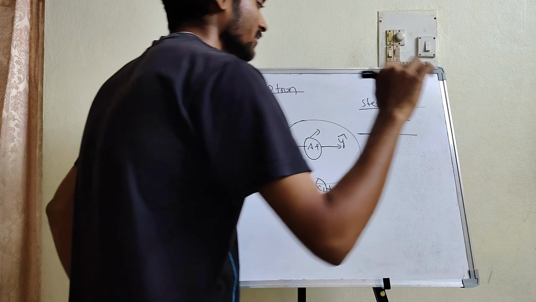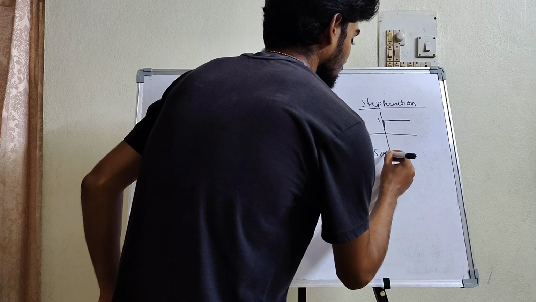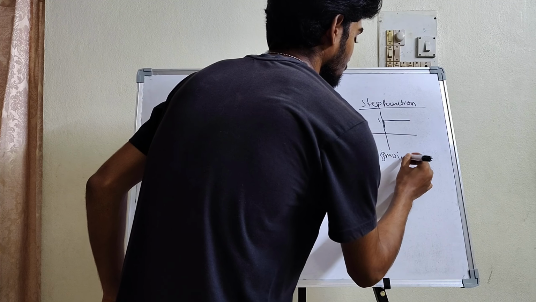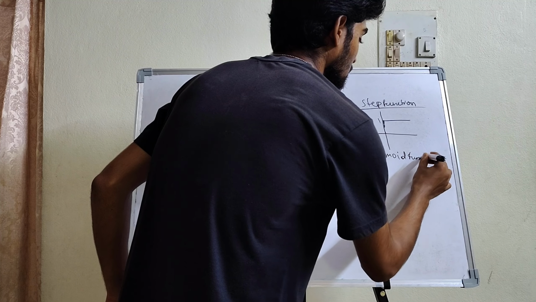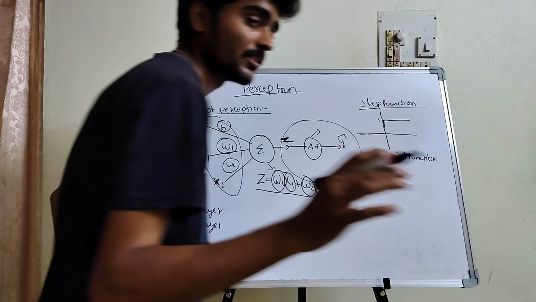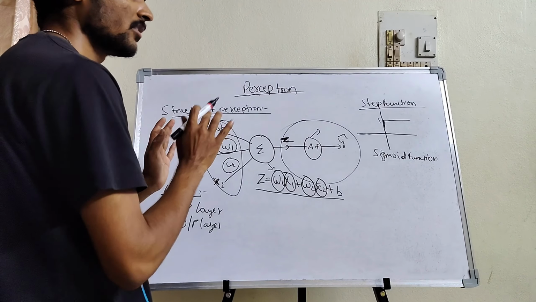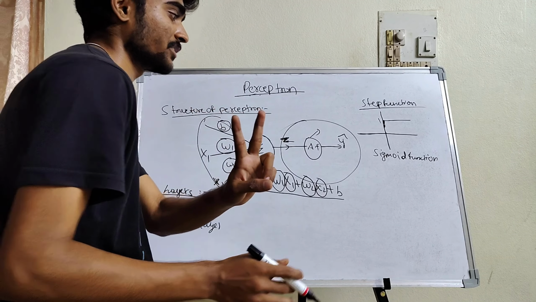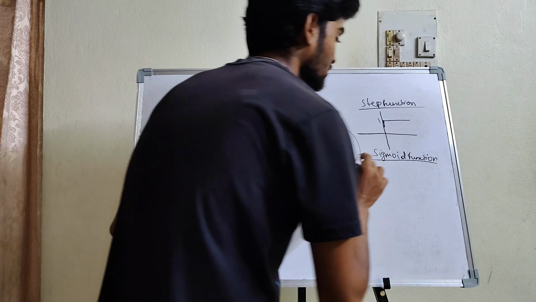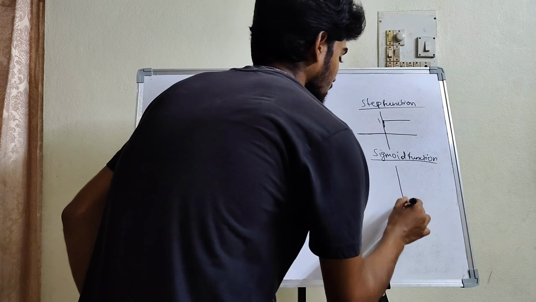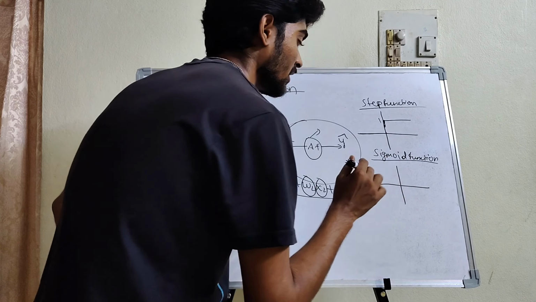Okay, now let's see another activation function, that is the sigmoid activation function. We'll see these activation functions in detail in further videos, but basically to understand the perceptron, we only need two activation functions. One is the step function and the other is the sigmoid activation function.